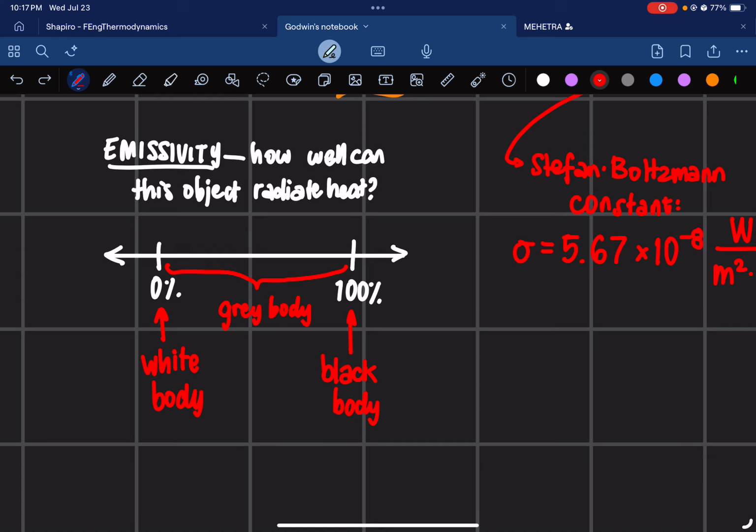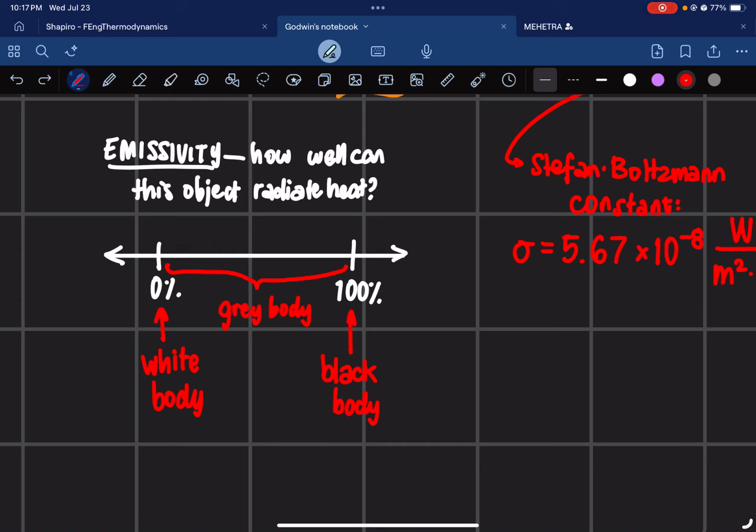Hopefully you have seen this in action yourselves. That is why the recommendation in summer is to wear light-colored clothes, because you will not only emit less heat, but you will also absorb less heat.